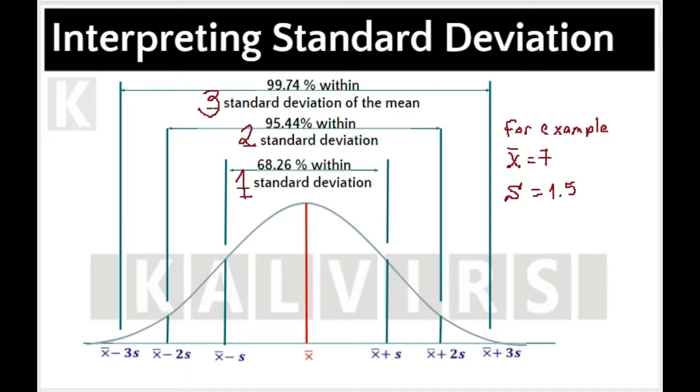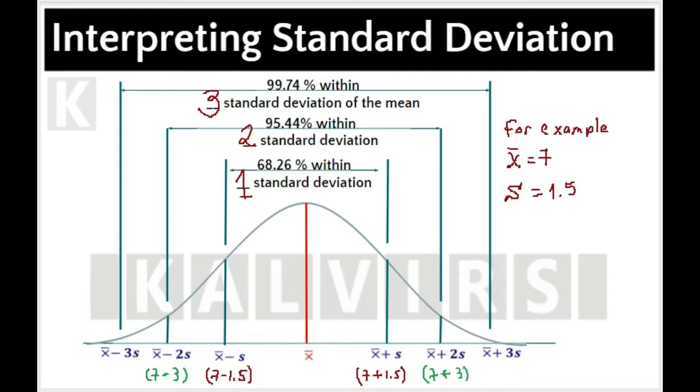About 68.26% of all possible observations lie within 7 minus 1.5 and 7 plus 1.5. About 95.44% of all possible observations lie within 7 minus 3 and 7 plus 3.